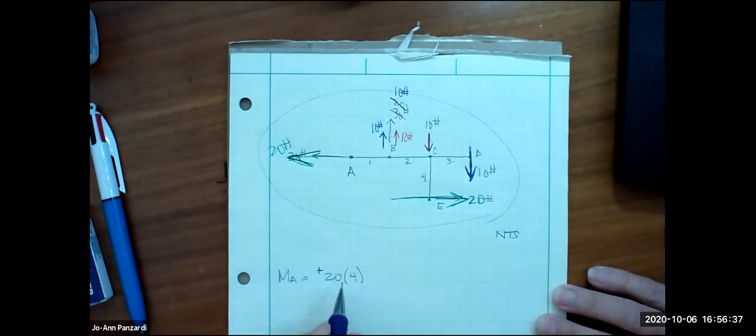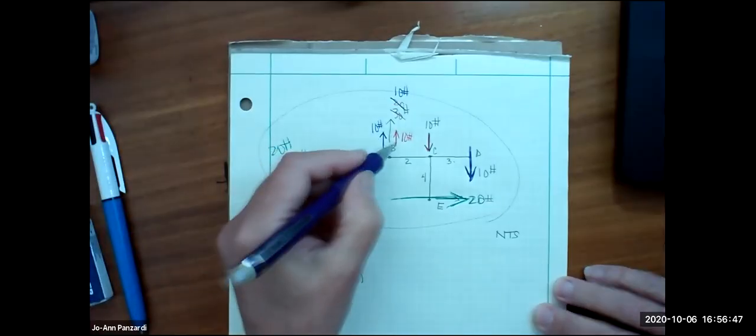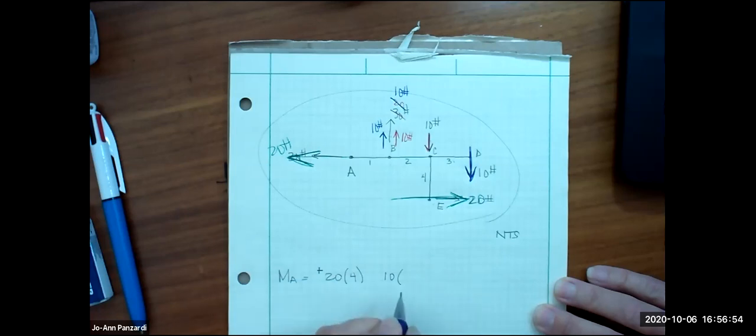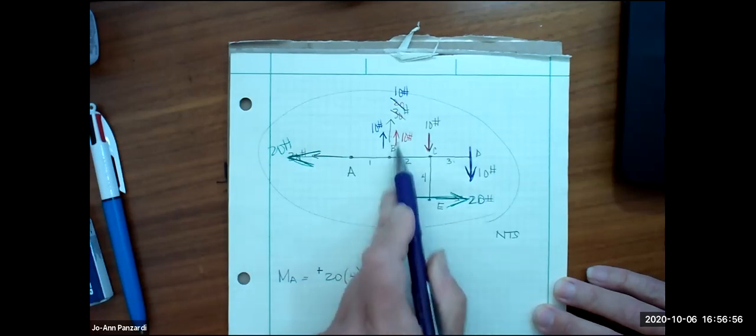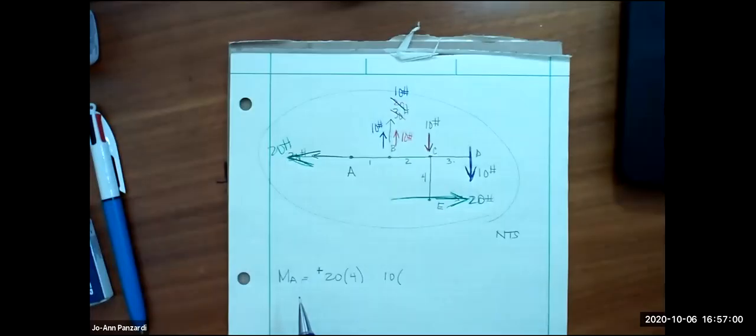Okay. Angel, what's another couple? We would see the 10-pound force. Okay. Do you want to do the blue or the red? I would do the red one. Okay. So red. 10 times? 1. The red. What's the perpendicular distance? See, I know you guys are trained. I'm glad you made that mistake.